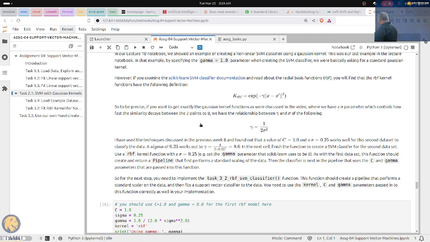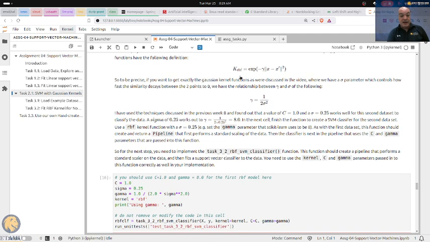So in part 3, you do have to explore using the kernels with support vector machine. Part 3 is basically about fitting a nonlinear model using a kernel with support vector machine, right?